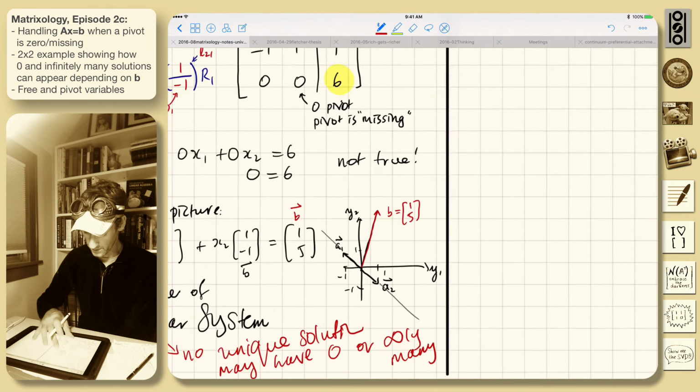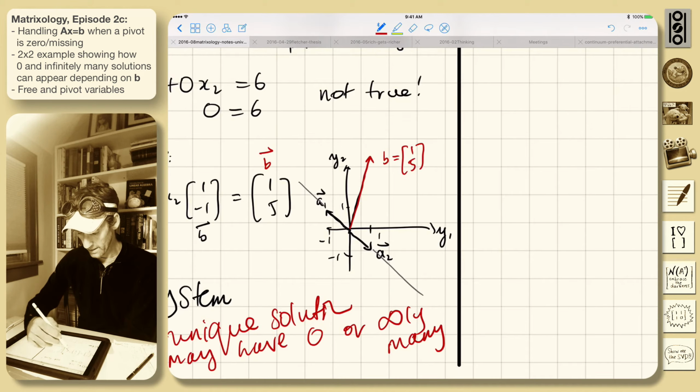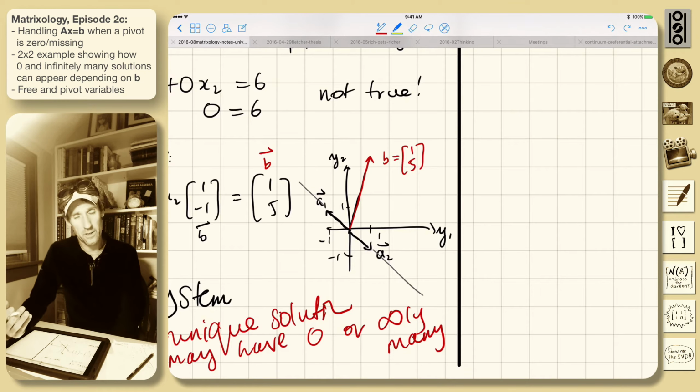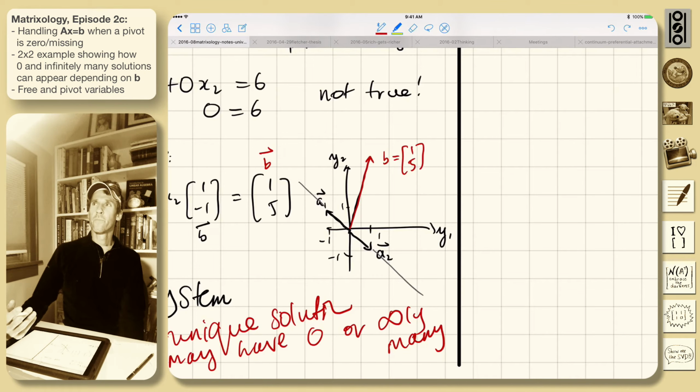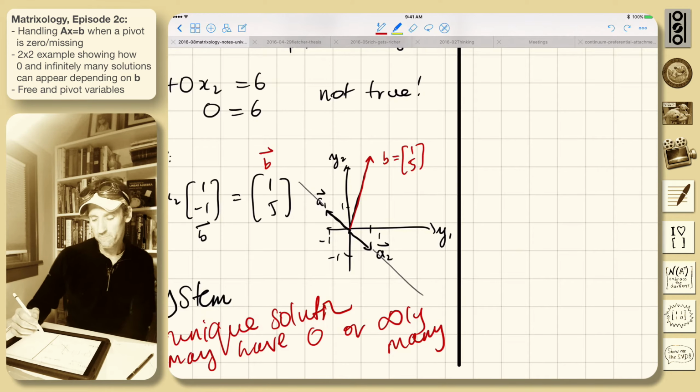One other thing I want to say here is this gray line, right? That's a line in 2 dimensions. We'll see later on it's a subspace. The possible places that B can live, such that there's a solution, is a subspace. And we will call it the column space.